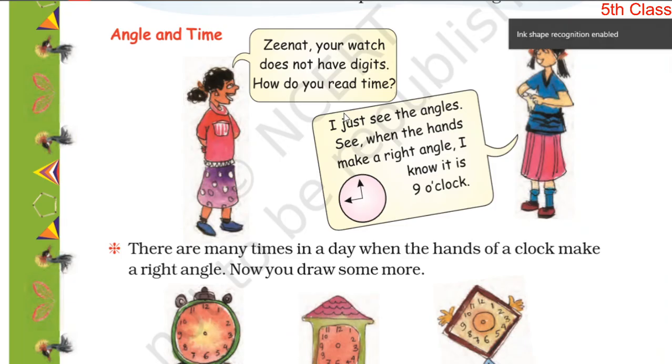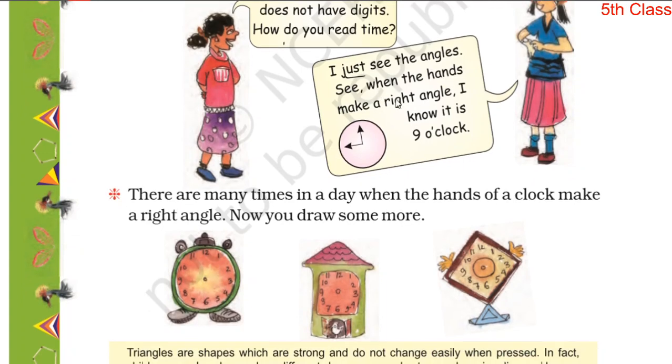Now, angle and time. Zenith, your watch does not have digits. How do you read time? I just see the angles. See, when the hands make a right angle, I know it is 9 o'clock.